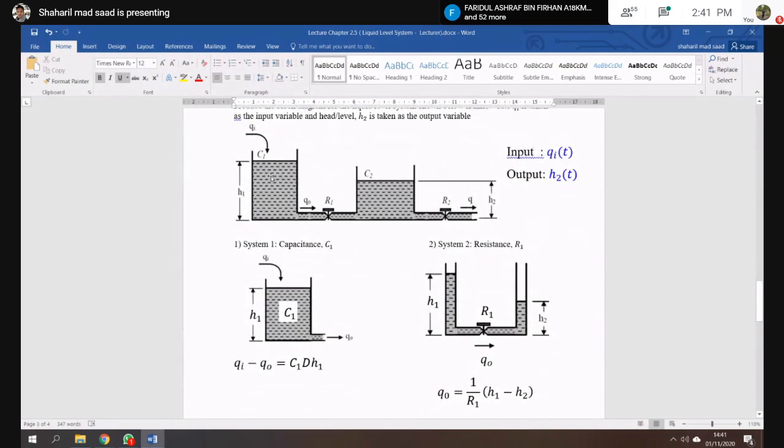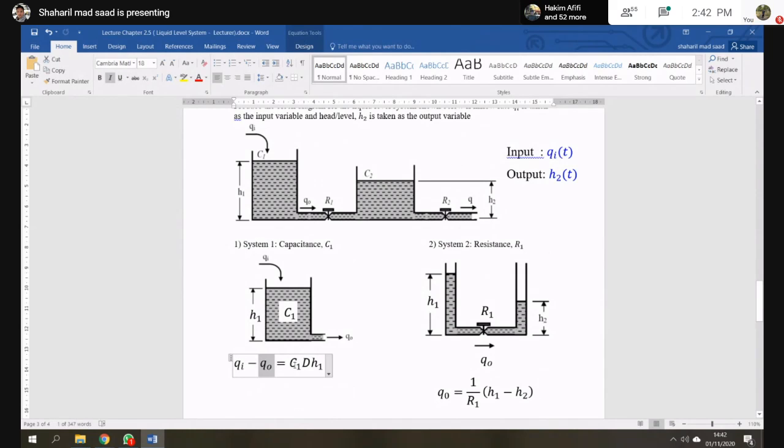You need to draw the capacitance first: Qi, capacitance, and Q naught, and the height will be H1 here. And then you will get Qi minus Q naught equal to C dH, which is C1 dH1.